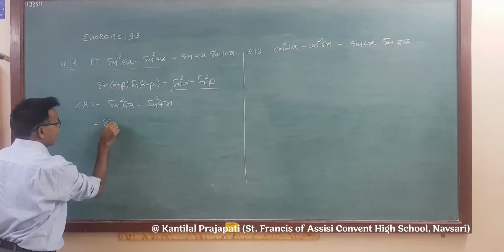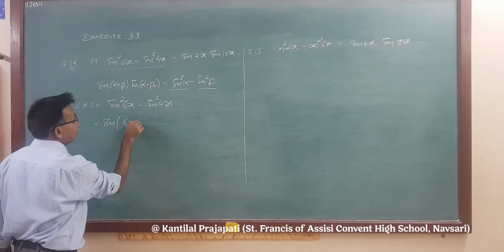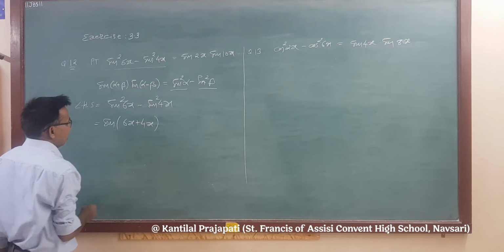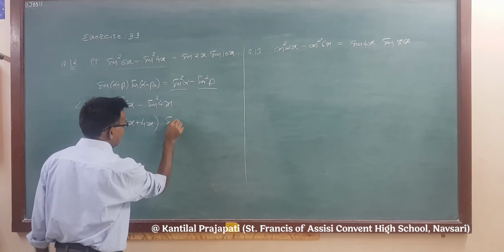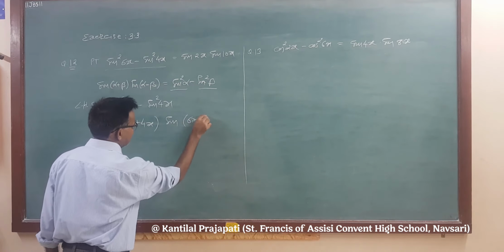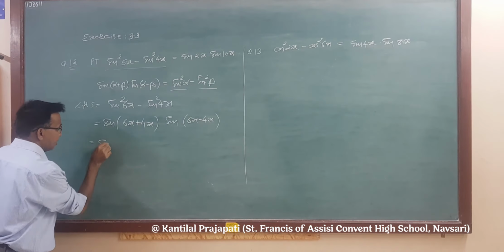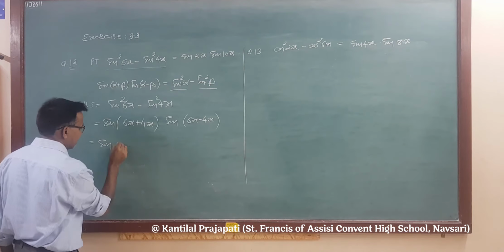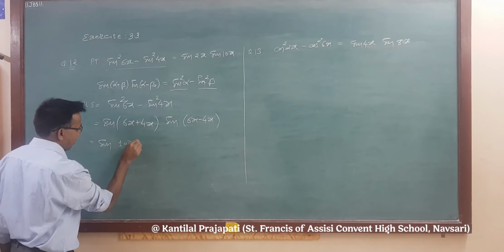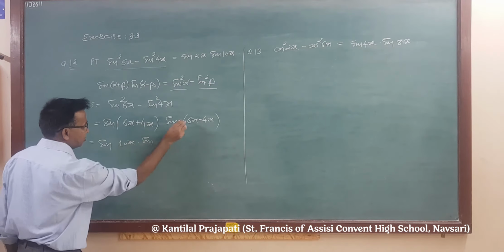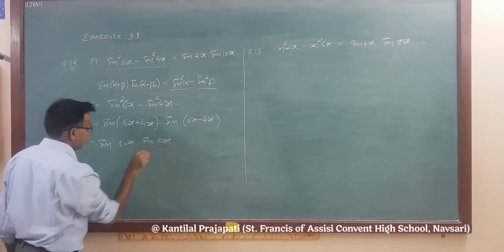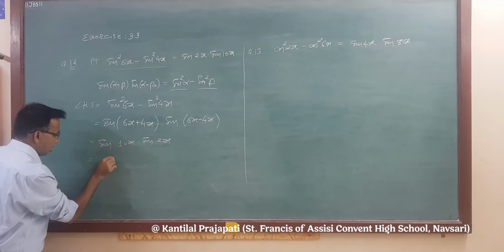So this is sin (6x plus 4x) into sin (6x minus 4x). Therefore sin (6x plus 4x) is 10x, into sin (6x minus 4x) is 2x. So it is equal to the RHS.